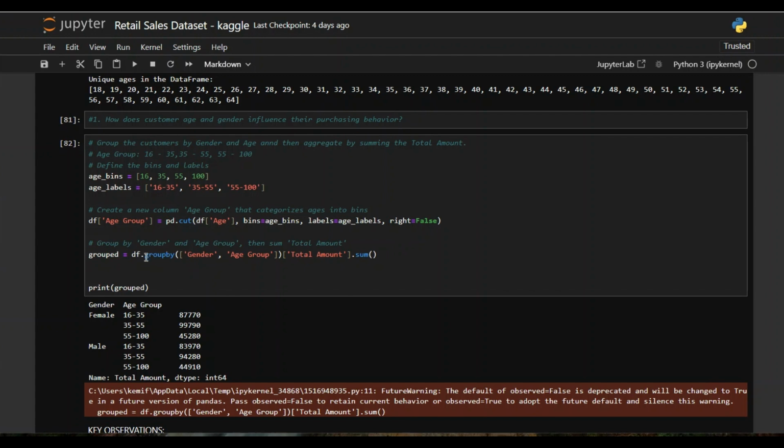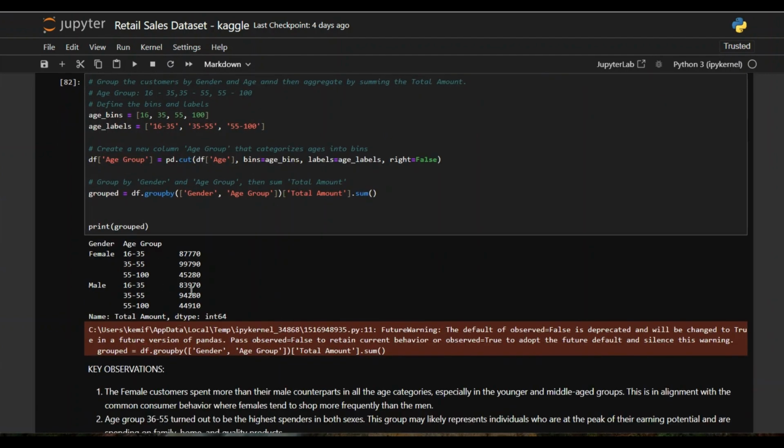So we grouped by the gender and the age, and then we found the total amount for each gender and age group. From here we see that the age group 35 to 55 across both genders made the most spend. The females spent 99,000, and the males spent 94,000.